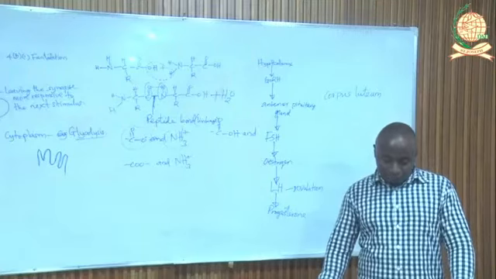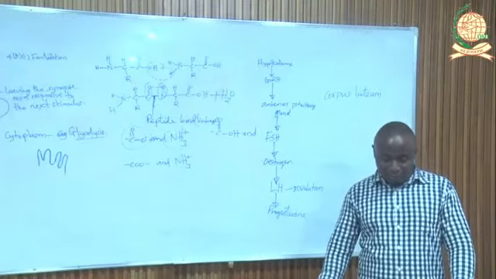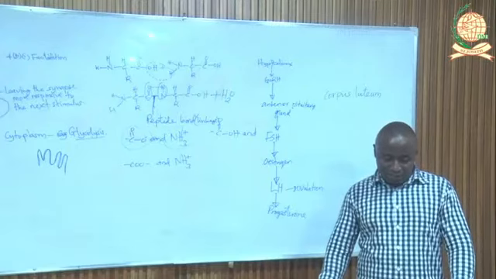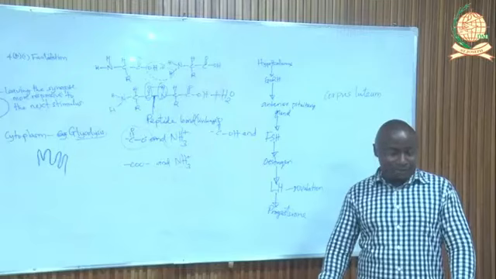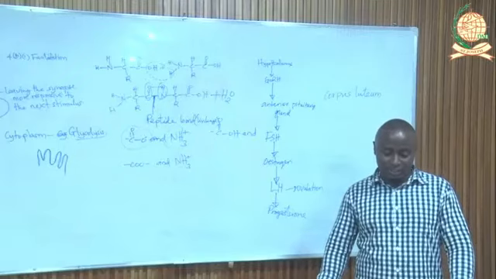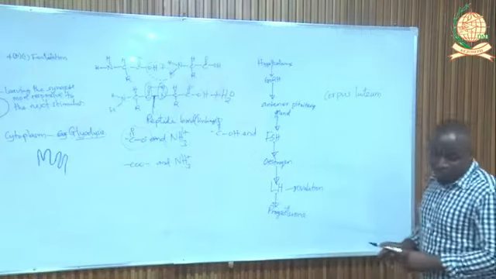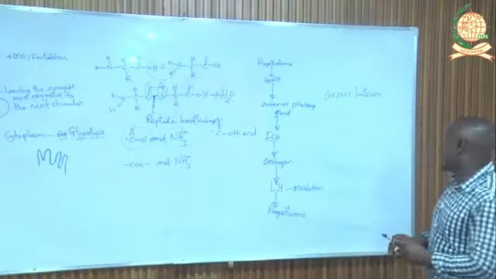But in incomplete metamorphosis, larva and pupa are missing. In complete metamorphosis, there is no nymph stage, but in incomplete metamorphosis, there is a nymph stage.